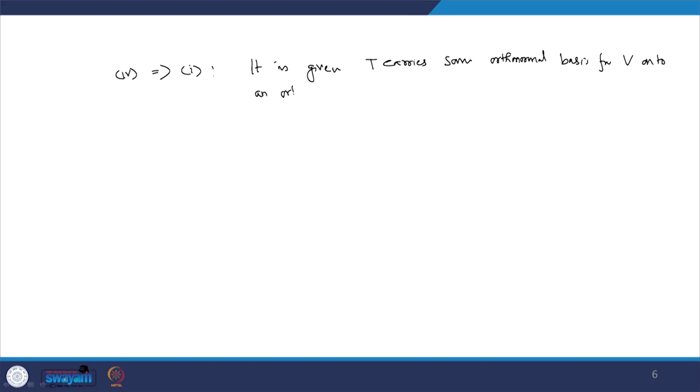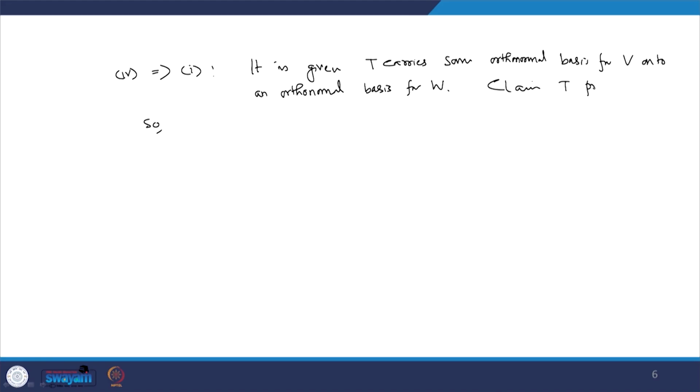So, now I want to show 4 implies 1. It is given that T carries some orthonormal basis for V onto an orthonormal basis for W. So, now I want to show that T preserves the inner product, that is basically statement 1.